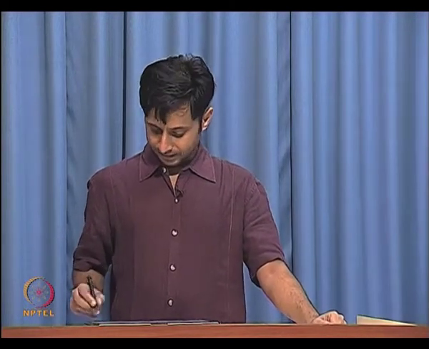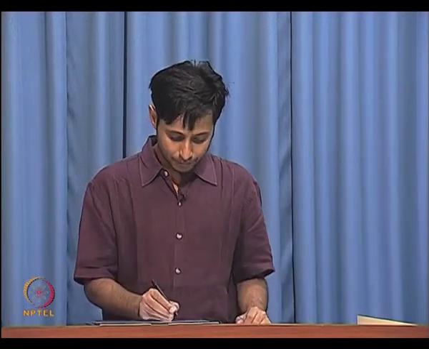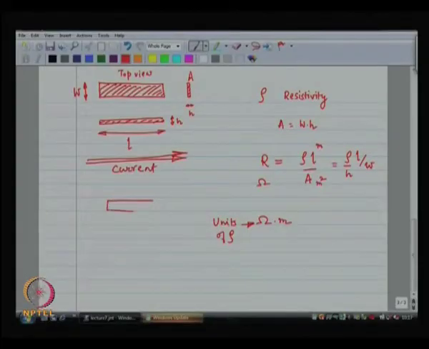Usually the resistivity is not enough to make a large enough resistor. With a track like this we can probably make 100 ohms, we can probably make 200 ohms. If you want 1 kilo ohm, if you basically want a larger resistor, we usually make a lot of tracks and put them in a snake like fashion.